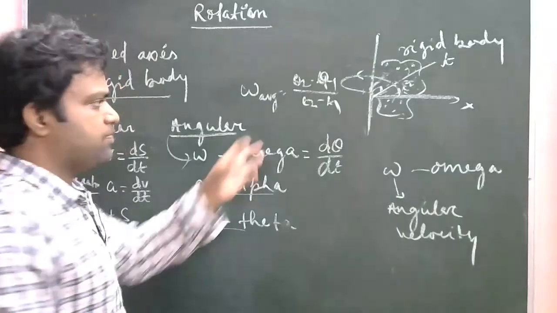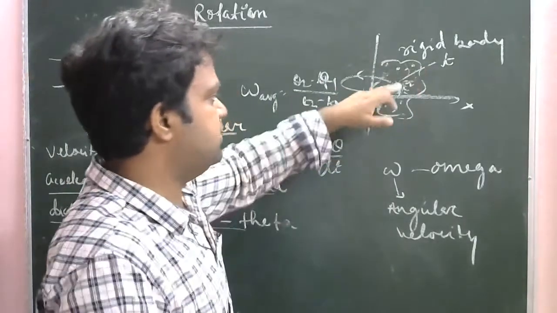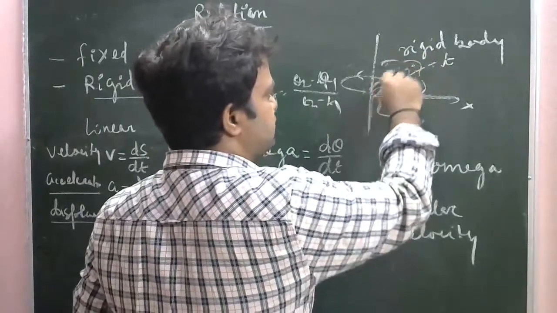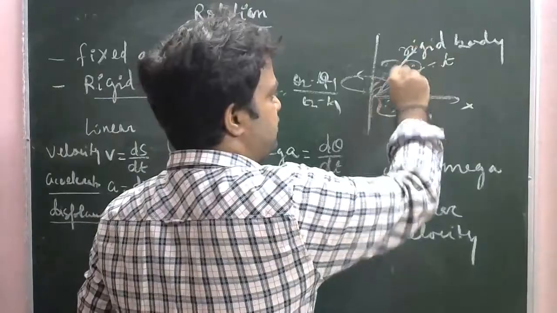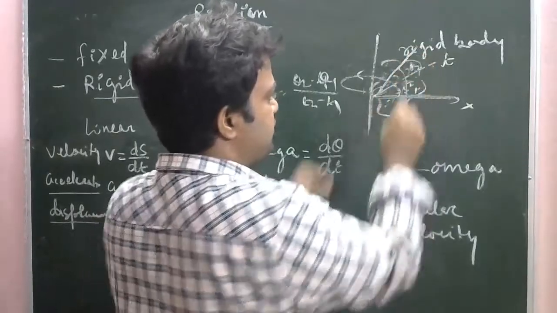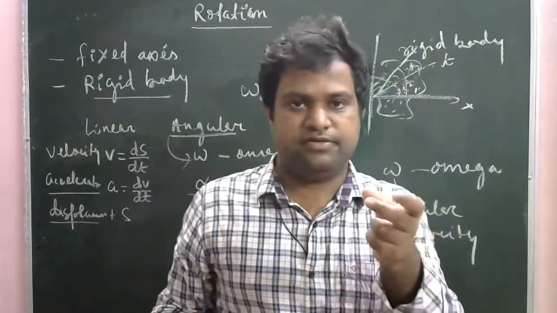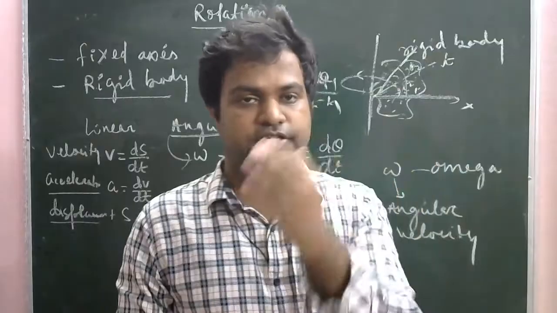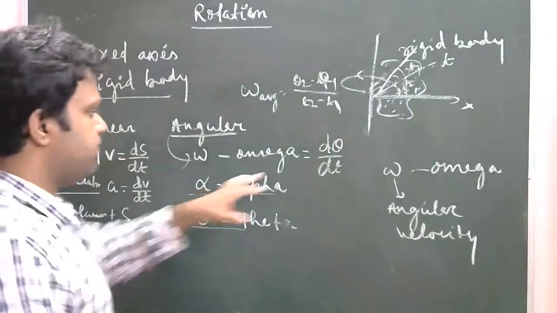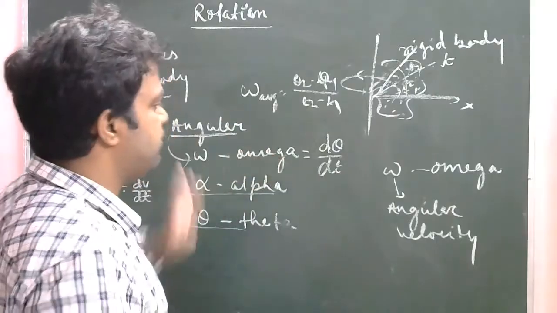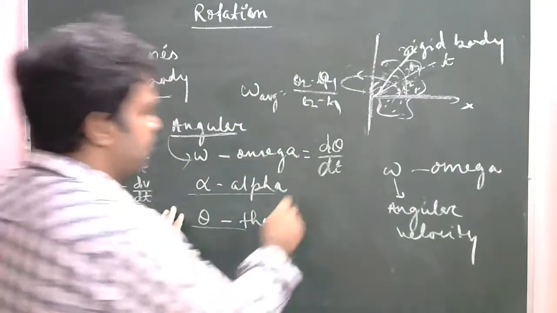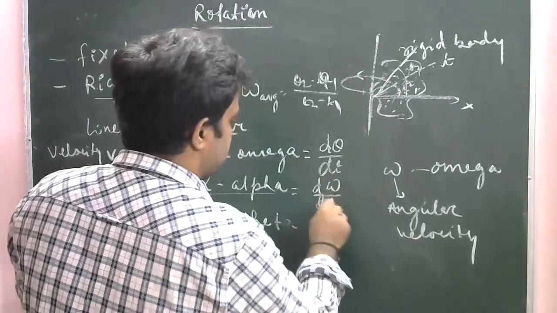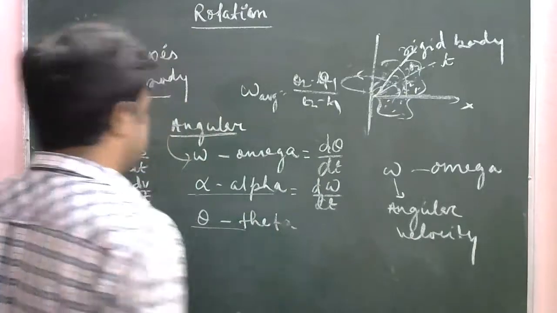Suppose this is theta 1, then after some time the reference line has rotated a little and is here. This is your theta 2. So theta 2 minus theta 1 gives the net angular displacement, how far the object has rotated. That's why omega is d theta upon dt. Similarly, alpha is equal to d omega by dt, and theta is the displacement.